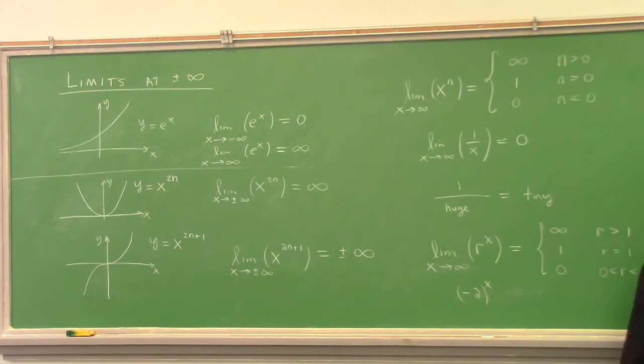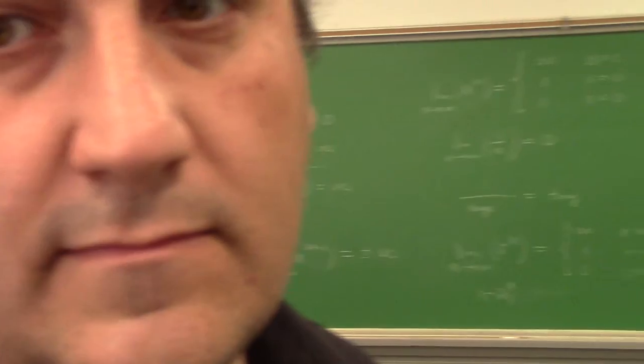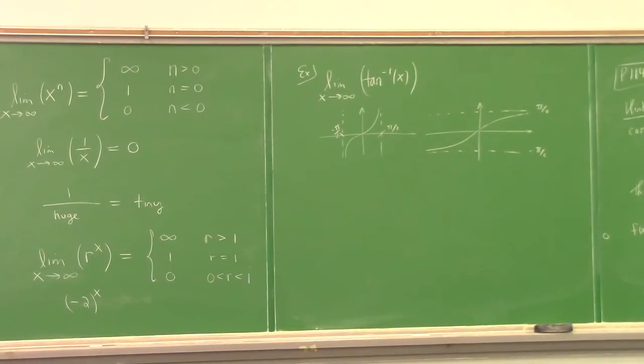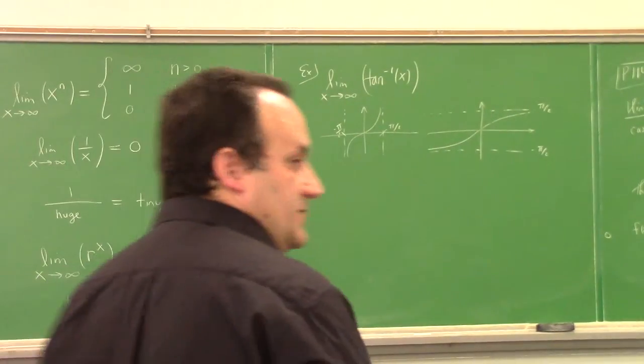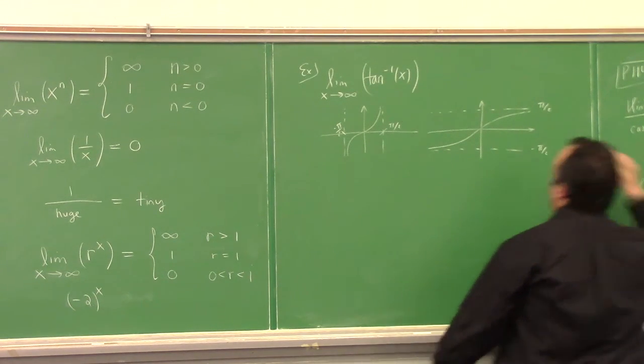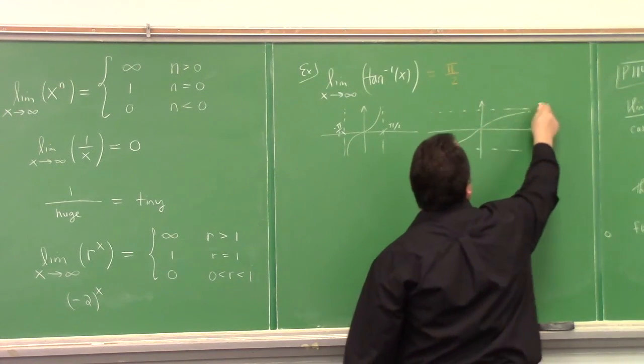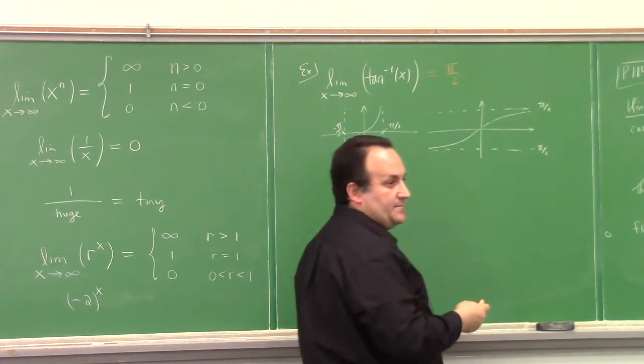So the answer to this is easy to see. The answer is pi over 2, because of this feature of the graph.